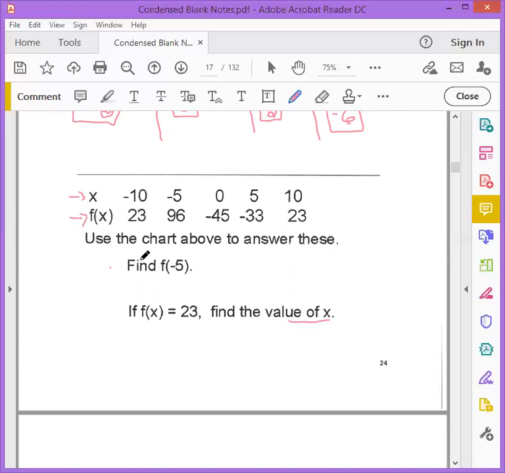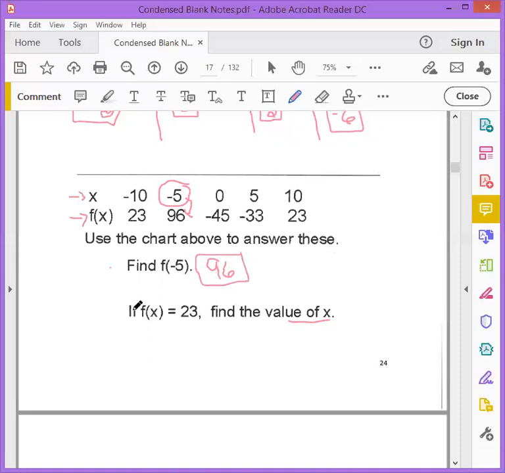When we find the value of the function when x is negative 5, we look at our row with the x coordinates and find negative 5 right here. The value of the function is 96.